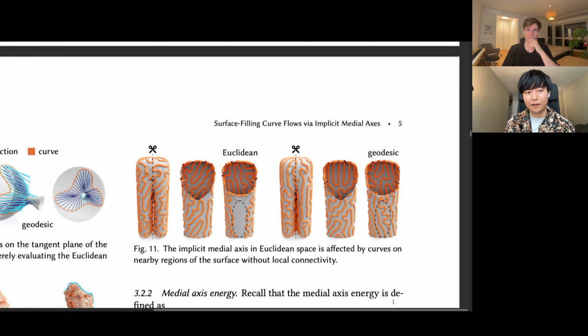In that case, the medial axis gets messed up, and if you use the Euclidean distance, you'll end up seeing a void area in the middle of this trouser. Whereas if you use the geodesic distance, which is basically the measure of how distant you are in the surface domain, then you can see that this medial axis doesn't get messed up by any other regions on this surface.